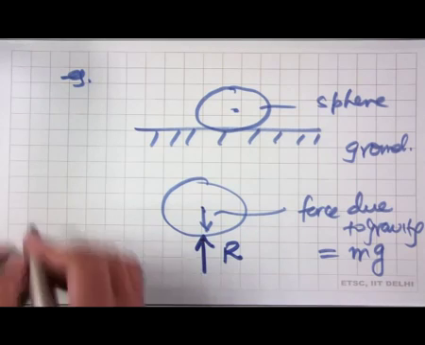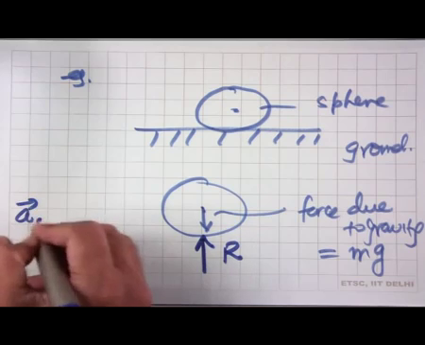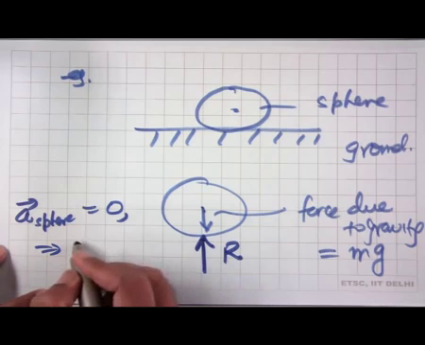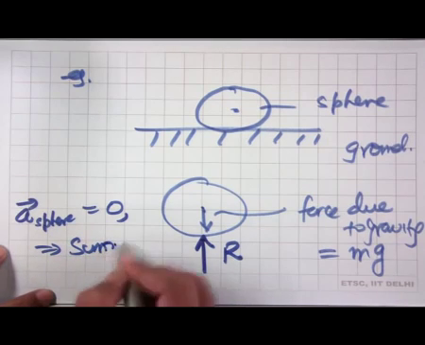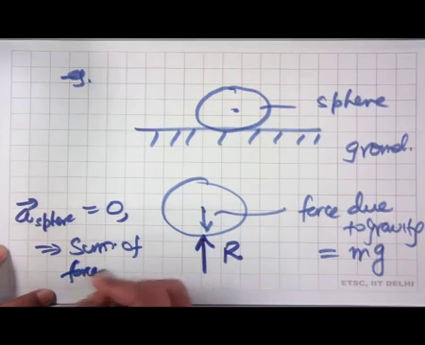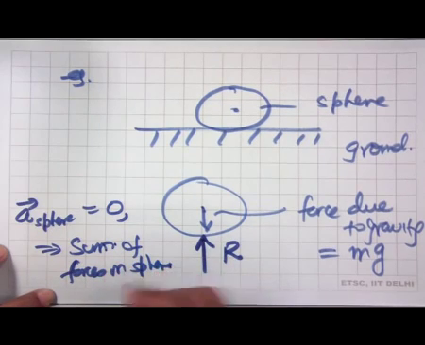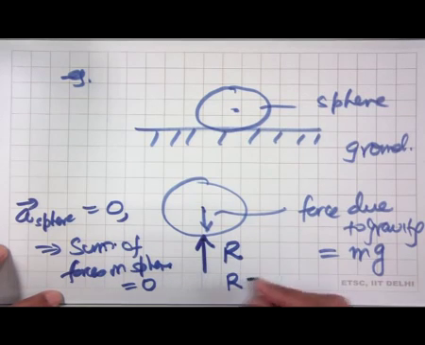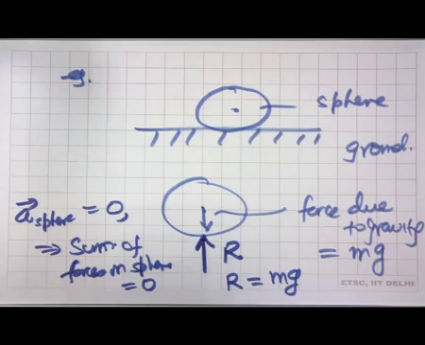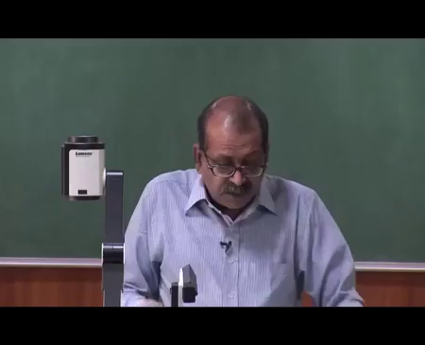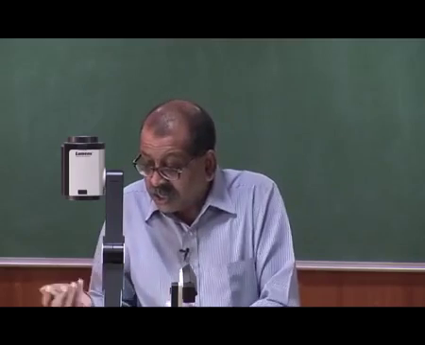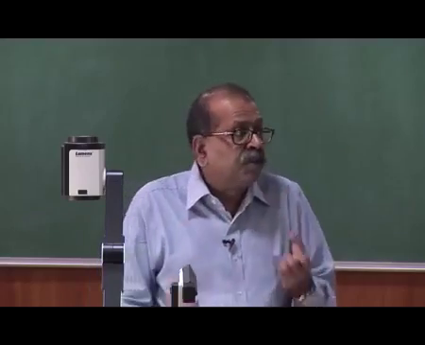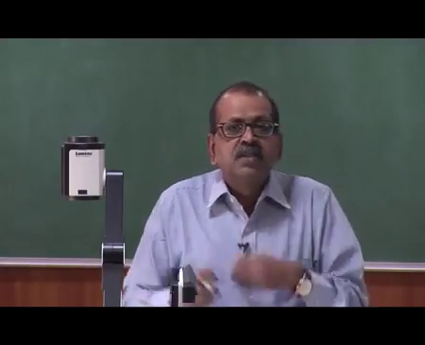Now, in this case, because we know that the acceleration of the sphere is 0, this implies that the sum of forces on the sphere must be 0, and therefore, this reaction force R must be equal to mg. This is what is sometimes referred to as bodies in equilibrium, and when bodies are in equilibrium, they do not move, and the sum of external forces acting on a body is equal to 0.